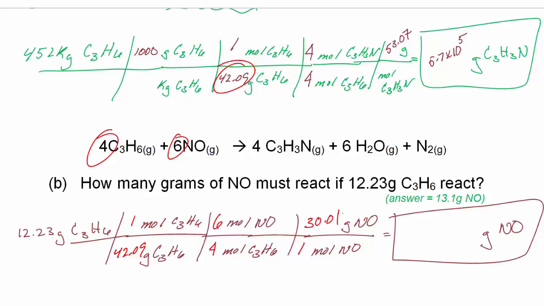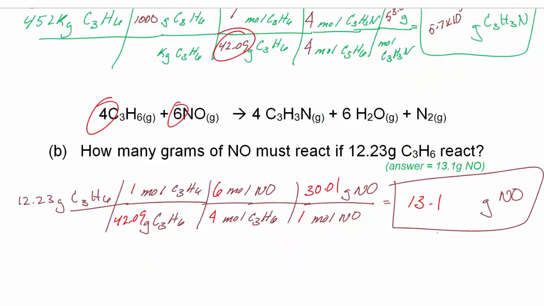So 12.23 divided by 42.09 times 6 divided by 4 times 30.01, about 13.1. So in theory, I should get 13.1 grams of nitrogen monoxide if all of that 12.23 grams of propylene reacts.